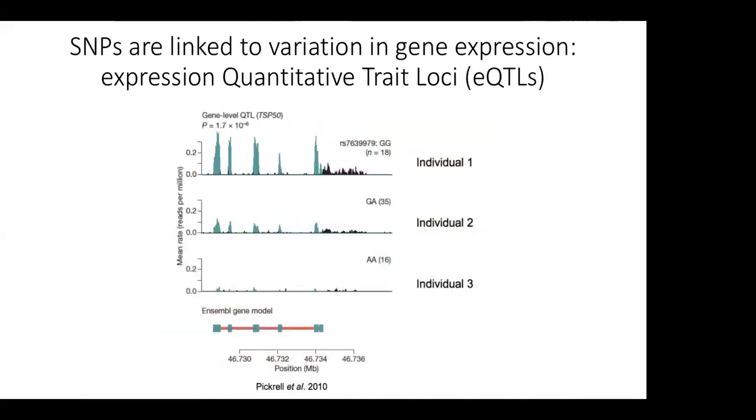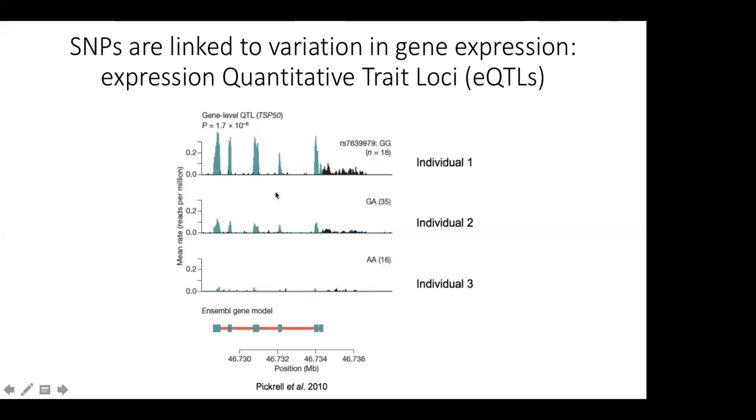What these GWAS studies do is identify expression quantitative trait loci, or eQTLs, those SNPs that are associated with a variation in a specific phenotype. And this phenotype is the measurement of the variation in gene expression.